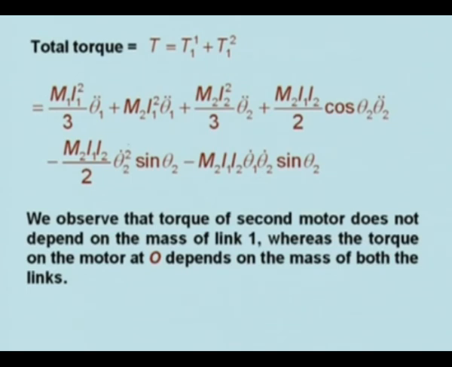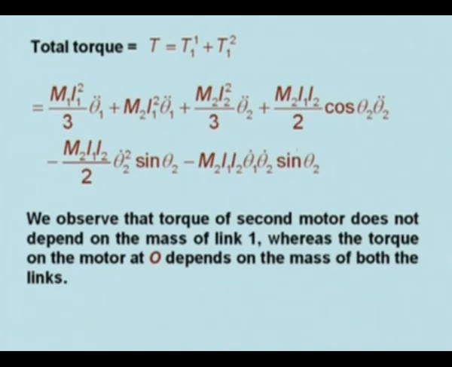So we get the expression for total torque. We observe that the torque of the second motor does not depend on the mass of ring 1, whereas the torque on the motor at O depends on the masses of both the rings. So these are the expressions for the torques, and these equations can be solved.